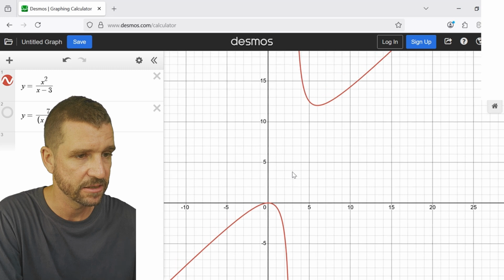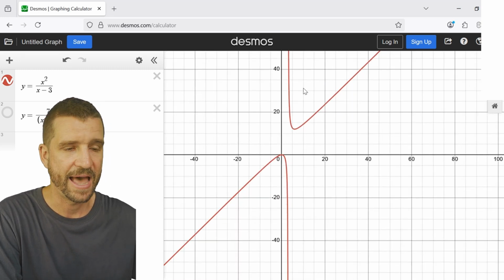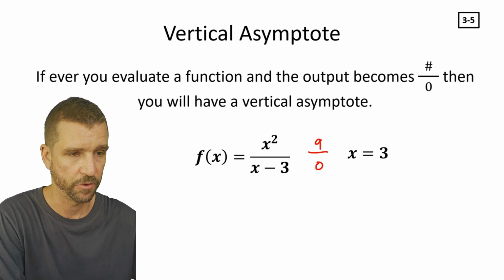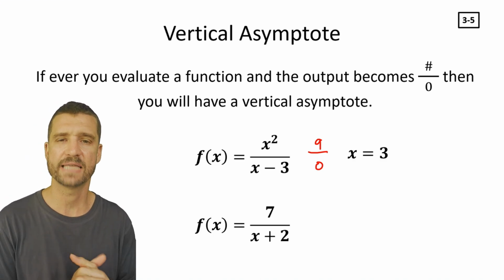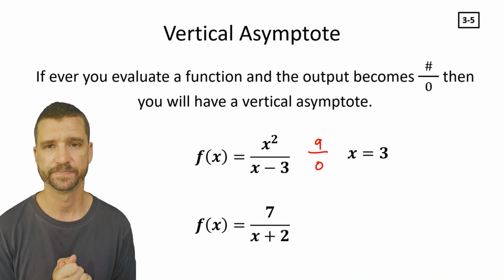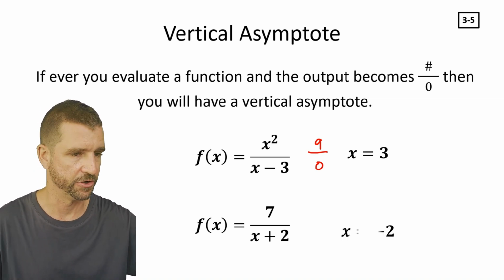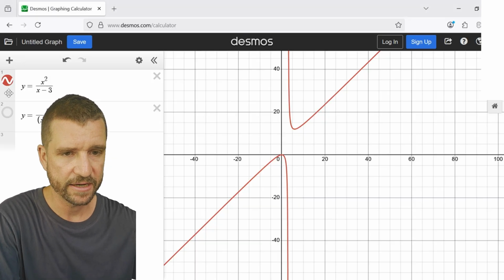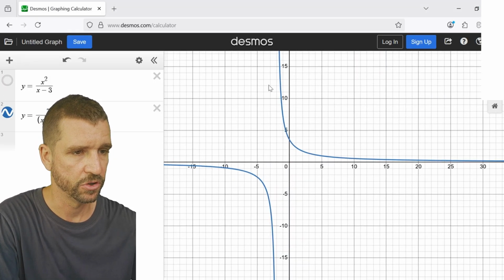It's hard to see a little bit, but when I zoom in, there's a vertical asymptote on both of these, and that lies at the line x equals 3. For this one, 7 over x plus 2, where is that going to have a vertical asymptote? You got it, x equals -2. So at x equals -2, you have a vertical asymptote.